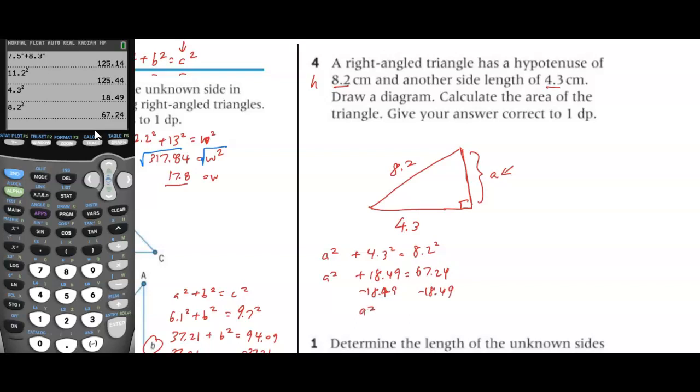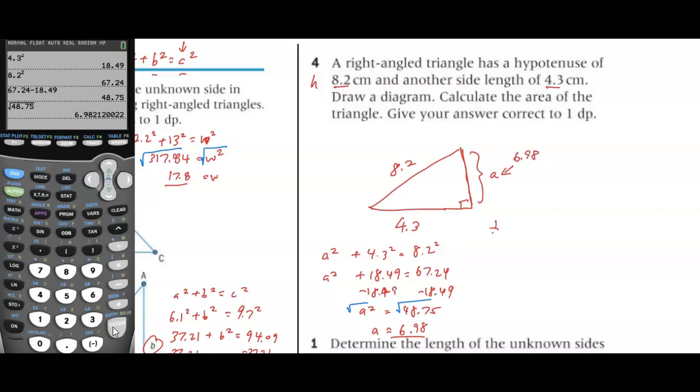And we'll get a squared equals 67.24 minus 18.49, which is 48.75. So let's take the square root of both sides. What's the square root of 48.75? 6.98. Okay, so we have this side at 6.98.